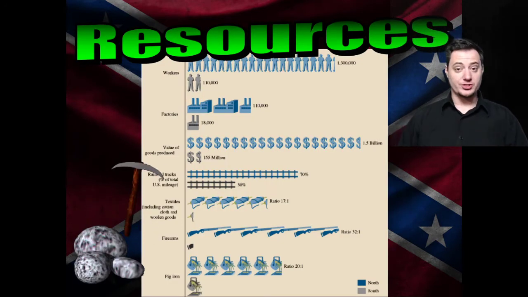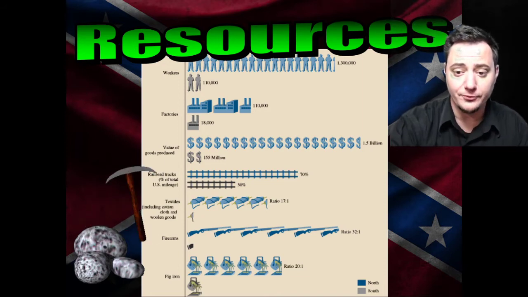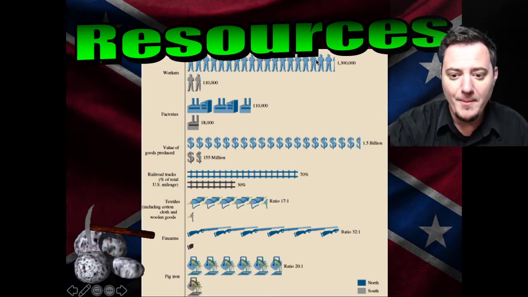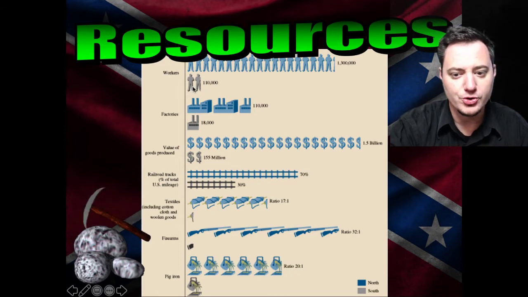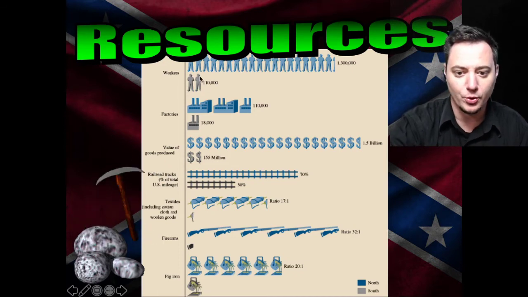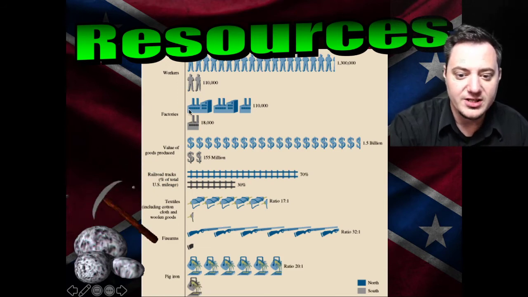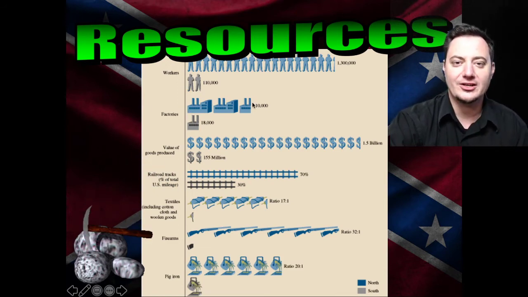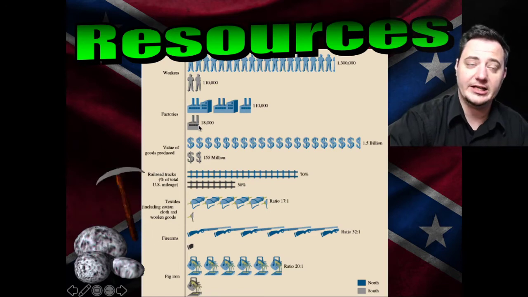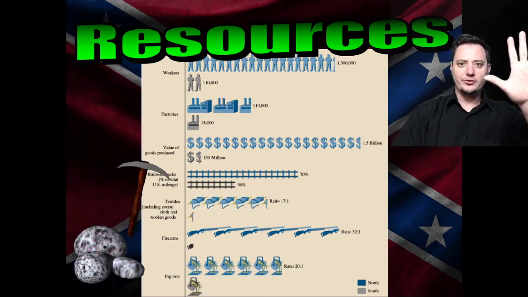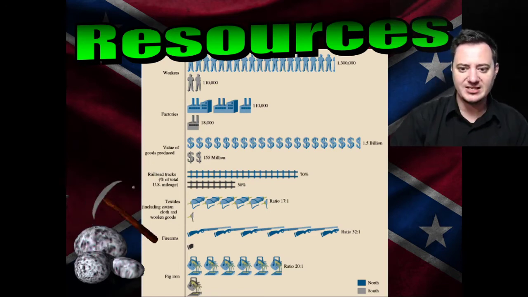Now, as far as resources are concerned, there are also some major differences here. You can see how many workers there are in the North compared to the South. Over 1 million workers in the North, just barely 100,000 in the South. For every 2.5 factories in the North, the South has half a factory. That means for every 5 factories in the North, the South has 1. That's a bad disadvantage.